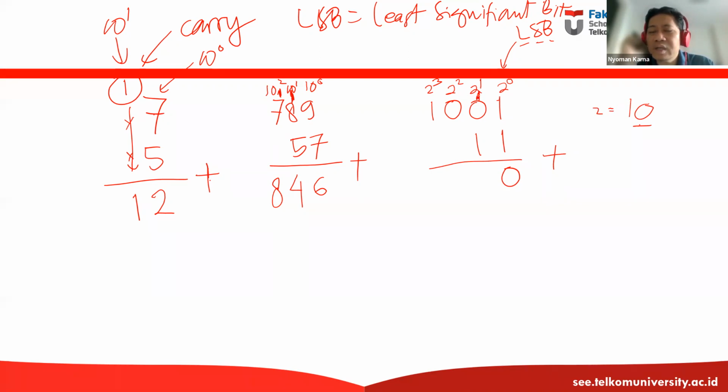Just like in decimal, 9 plus 7 is 16, so we put 6 here and then 1 here. Now 1 plus 1 is 10, so we put 0 here and then 1 here.